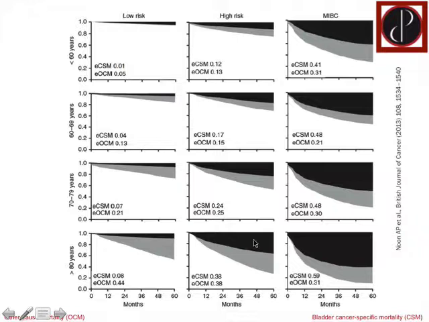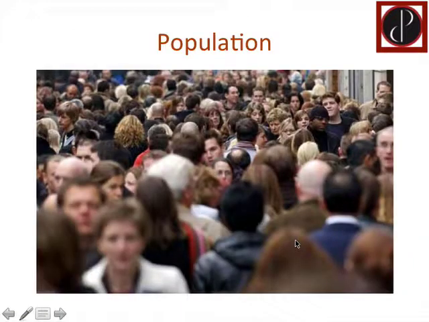So black is bladder cancer specific mortality, and gray is other cause mortality. So you will see that in patients at the age of more than 80, we have more mortality in this group of patients.